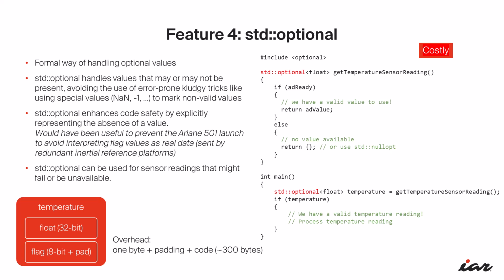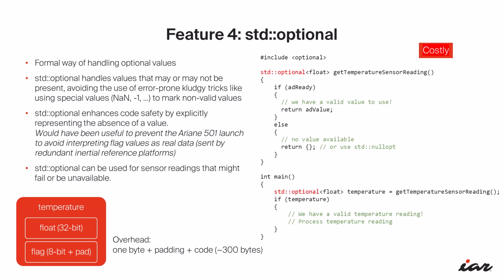And looking at an example here, we have a temperature reading, and if the A to D converter is ready, yes, all is fine, we have a value. But if the A to D converter is not ready, we return an empty value here, or we could as well use the std::nullopt if we prefer to make it even more clear.